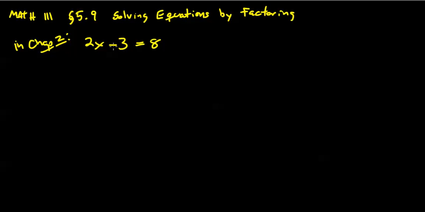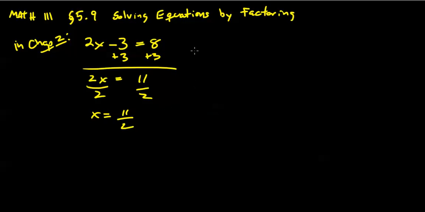And of course we could solve this by doing algebra type things to both sides of the equation, namely either adding, subtracting, multiplying, and dividing. The goal being to isolate x on one side of the equation, of course get a number on the other, thus solving the equation. Of course here we would add 3 to both sides, get 2x equals 11, and then dividing both sides by 2, I get x equals 11 halves. Alright, not a big deal, and that's ancient history now.